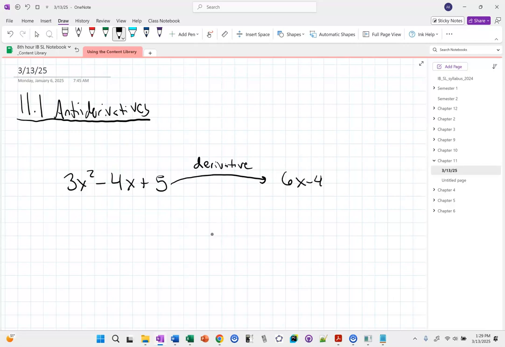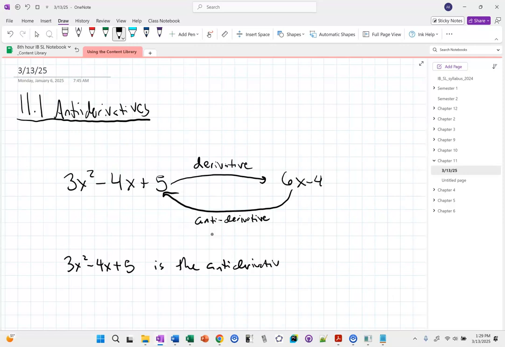Great. If we go backwards from that, that's the antiderivative. So we'd say that 3x squared minus 4x plus 5 is the antiderivative of 6x minus 4. Everybody's okay with that idea?